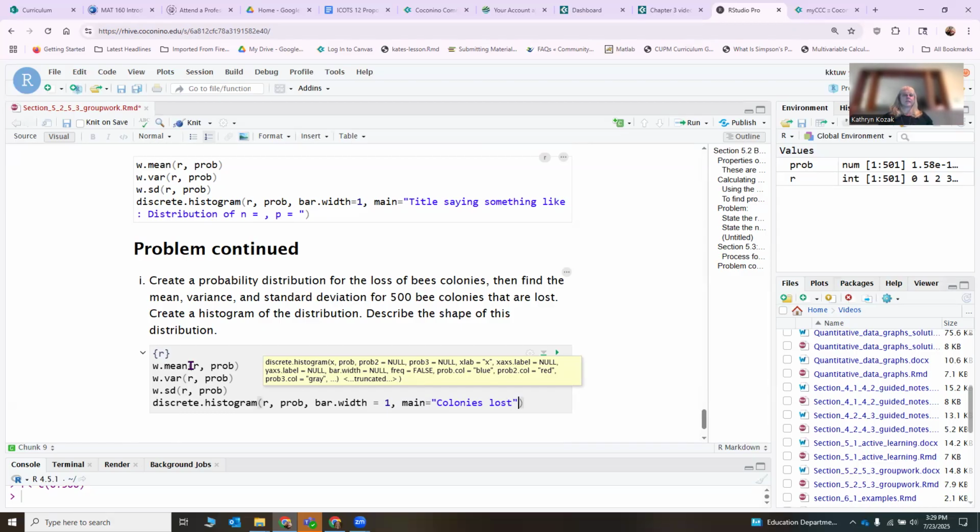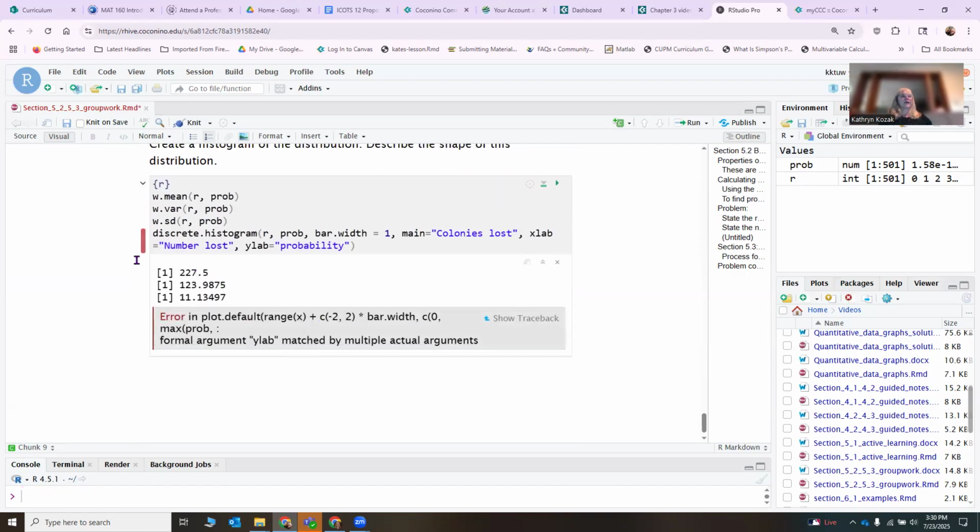Let's call it that way. And if you want to, you can then do your X lab, number lost, and your Y lab could be probability. And then you can run that.